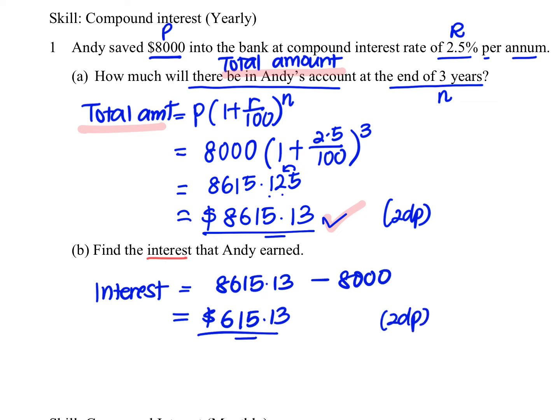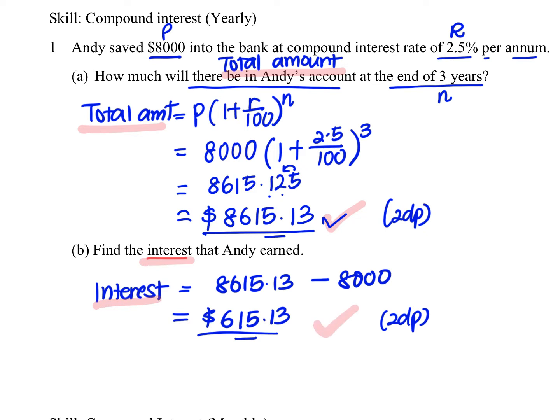If the question says otherwise, for example, giving your answer to the nearest dollar, then you round it off to the nearest integer. Or if the question says three significant figures, then you give your answer correct to three significant figures. Now, this question is asking for interest. So I've already found the interest, and this should be the correct answer.